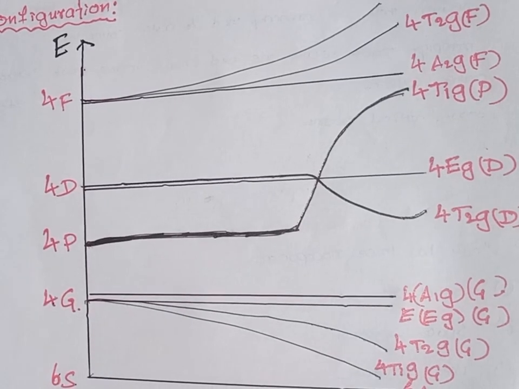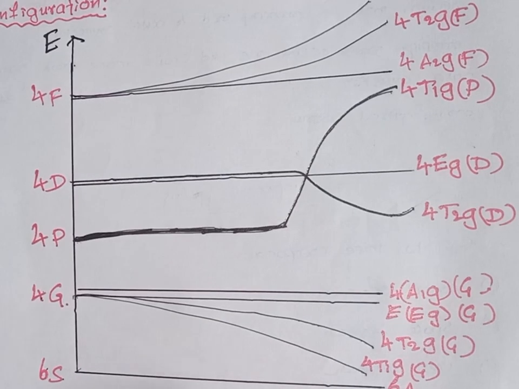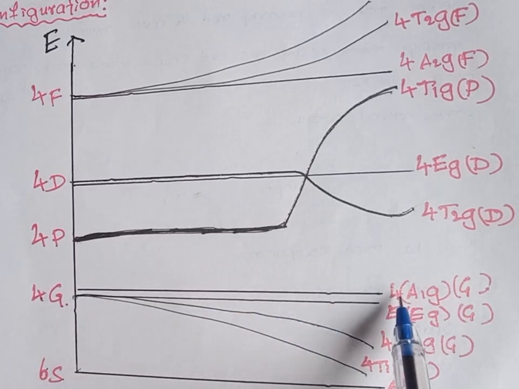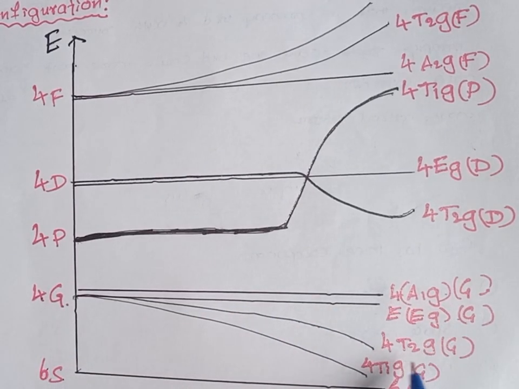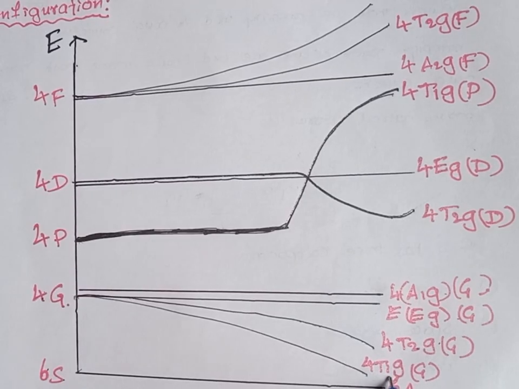All are spin forbidden transitions. Okay, 6S remains as a single energy level, 6A1G. Quartet G splits into 4 different energy levels: 4A1G, 4EG, 4T2G, 4T1G.